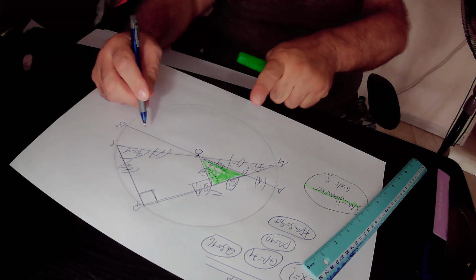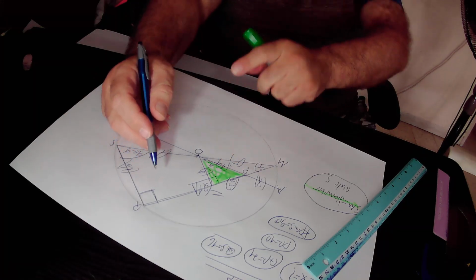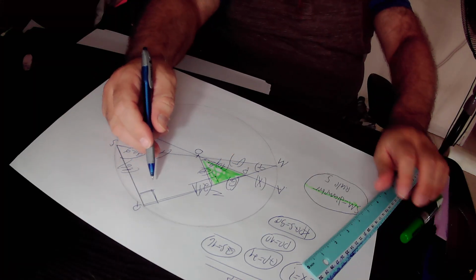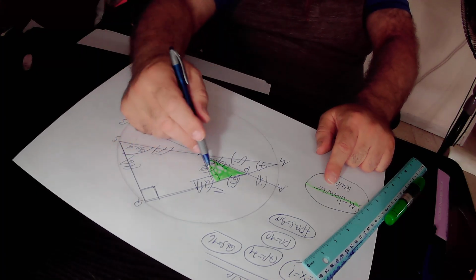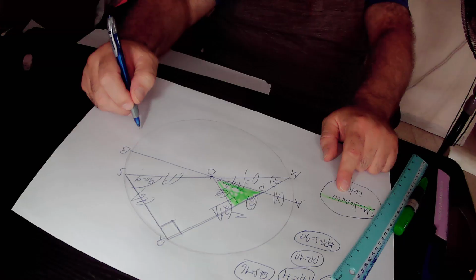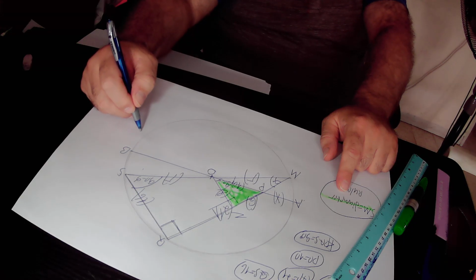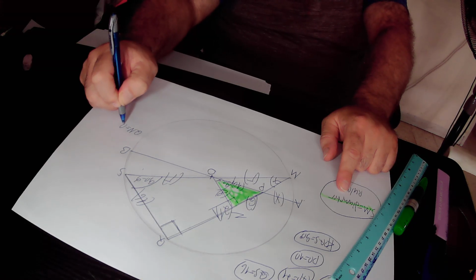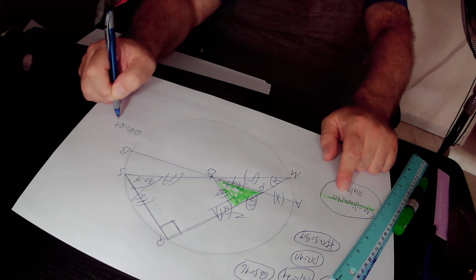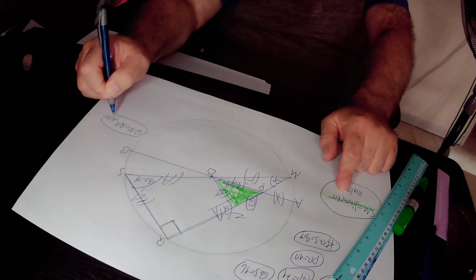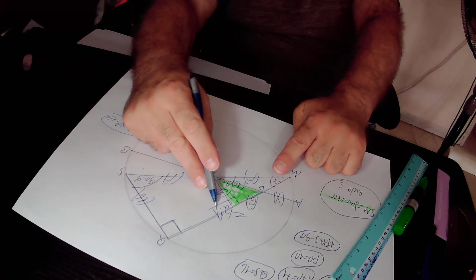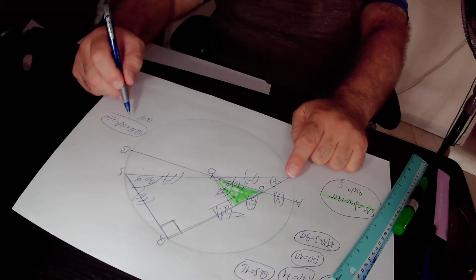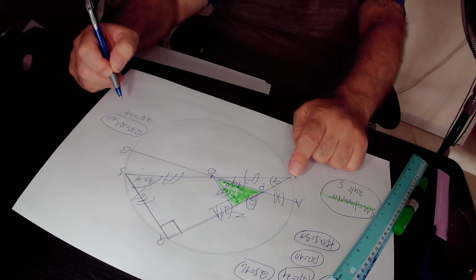What is the length of the missing side QN? From the drawing, it is very easy to see that QN equals QP minus NP. So I write it down: QN equals QP minus NP. QP equals 21 units, according to what is given in the question, minus NP.